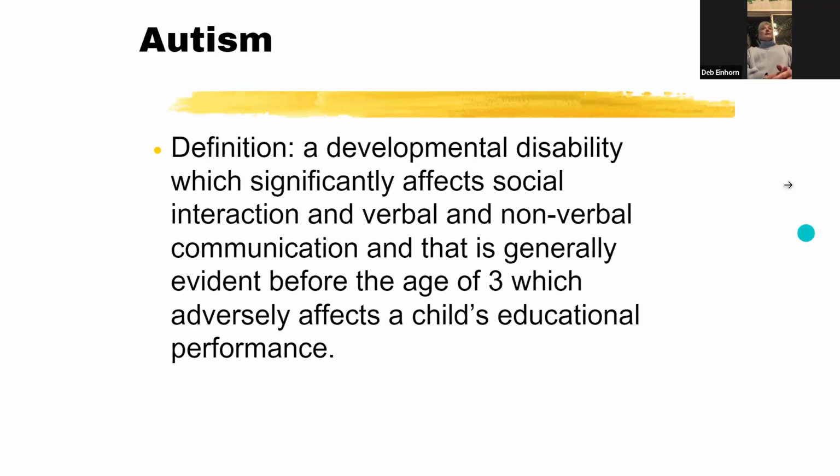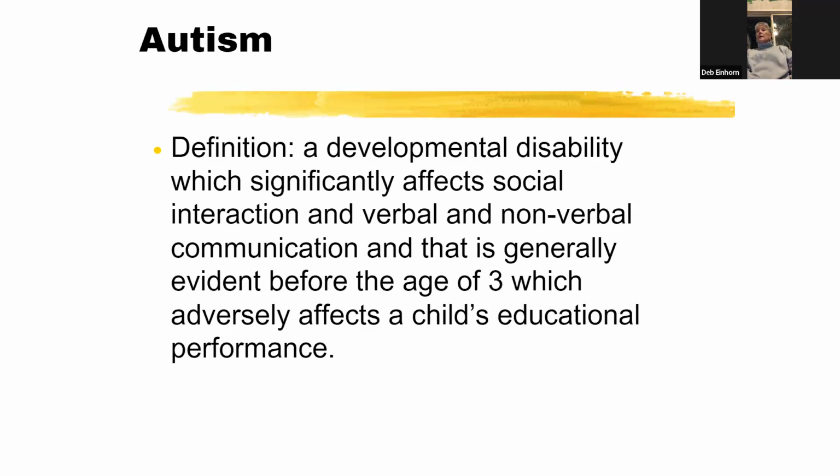You can go from a child that has significant autism and intellectual disabilities, all the way to the other end of the spectrum, a child that has no intellectual disability but has significant social deficits, and anything in between.